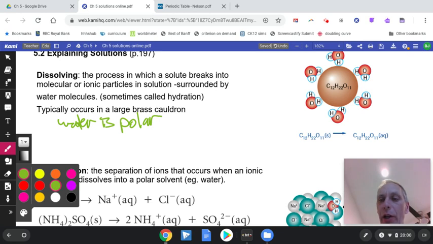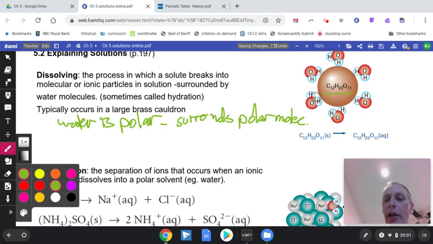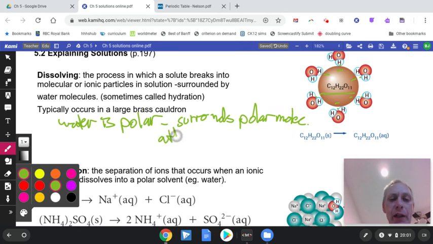So because water is polar, it will surround polar molecules and dissolve them, like this example of sucrose, where the positive poles of the water are surrounding the negative poles on the molecule and breaking it apart from the other solid sucrose molecules and getting it to dissolve. So it's really about attraction. The sucrose molecules are attracted to the water molecule, so they dissolve into it.